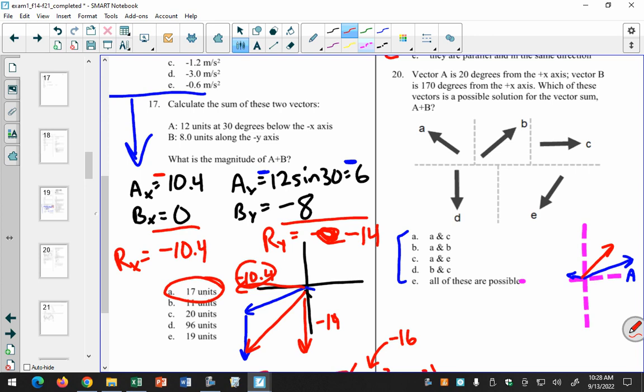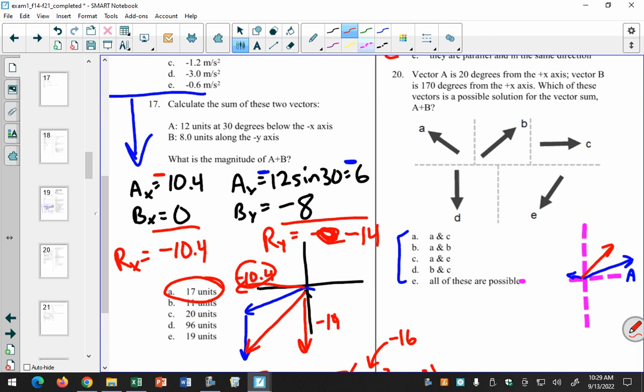Right? I'm going to get a resultant of those 2 vectors that's closer to the B vector. Or if the opposite is true, if B is really big and A is really small, then the resultant is going to be on the other side. So I can get different resultant vectors depending on how big A or B is, those 2 vectors.